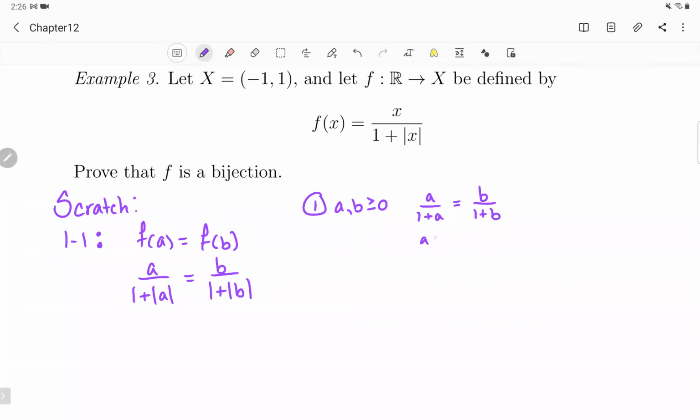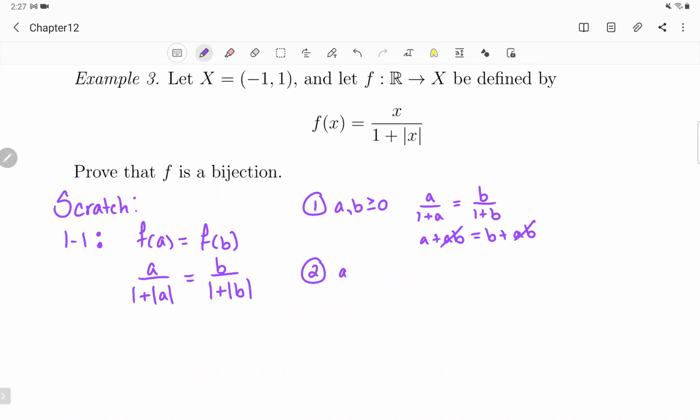Cross multiply and distribute to get A plus AB equals B plus AB. Subtract AB, and to save space, I'm just going to cross them out. So A does equal B.